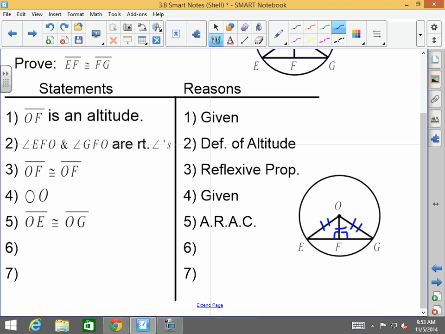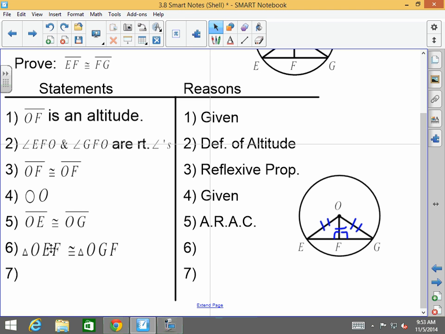Now, look at what I have here, guys. Do I have two corresponding hypotenuses that are congruent? Do I have a corresponding pair of sides that are congruent? So now I can prove that triangle OEF is congruent to triangle OGF because of HL.